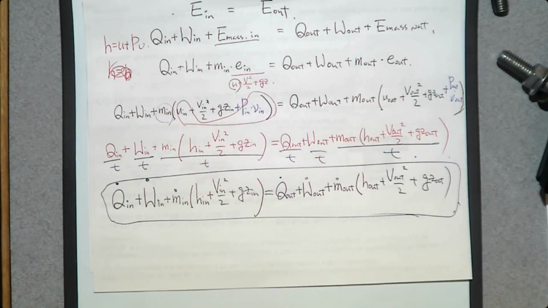This m dot, what is this m dot? Mass flow rate. Then this energy balance equation is developed based on the conservation of energy principle. There is another conservation principle that we know. What is it?